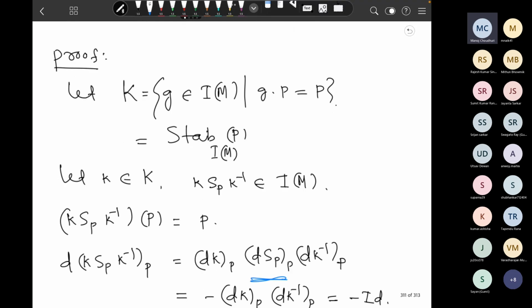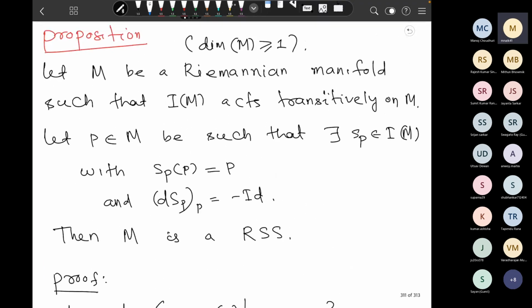The assumption is that M is a Riemannian manifold so that I(M) acts transitively on M, and let P belong to M be such that there exists S_P in I(M) with S_P P equal to P and dS_P at P equal to minus identity. That means for a single point P, I have a geodesic inversion, and I am proving that a geodesic inversion exists for every other point. Okay, fine.